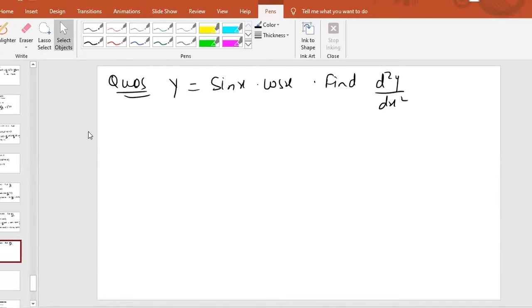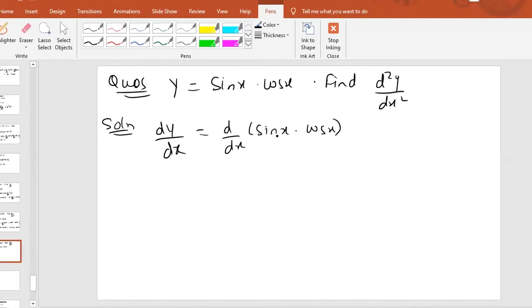Now let us solve this. It is a bit tough problem, but we can do it here. First of all we have to find dy by dx. dy by dx will be equal to d by dx of sin x into cos x.